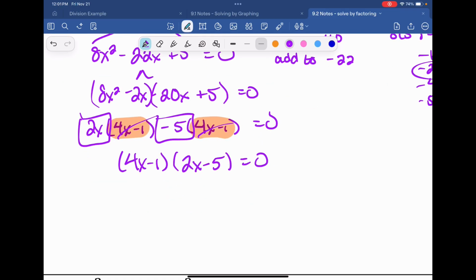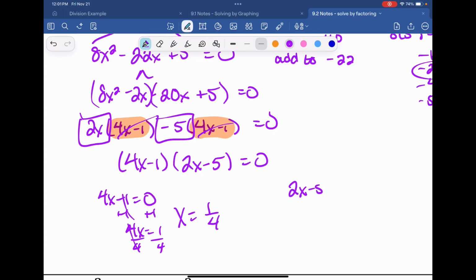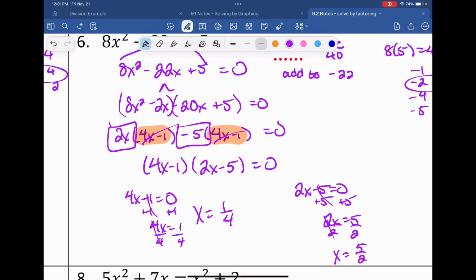And solve. If it has a variable, it has a solution. Do the same thing with your 2x minus 5. Those are our two solutions.